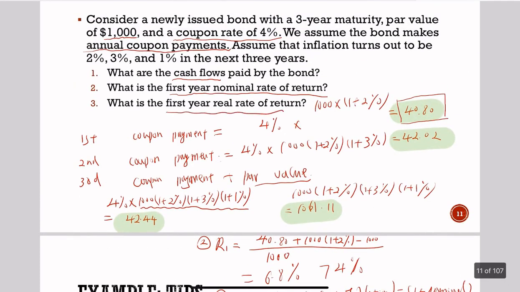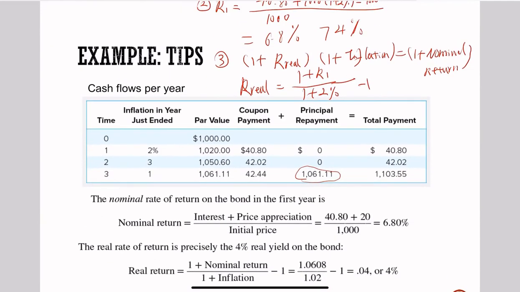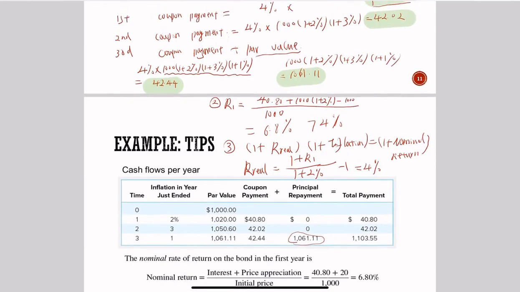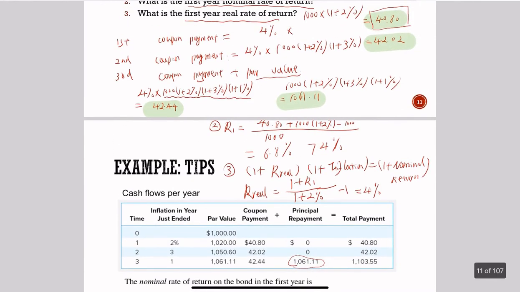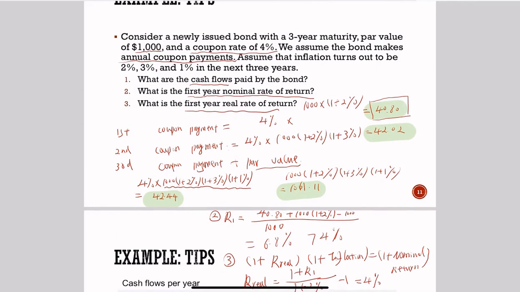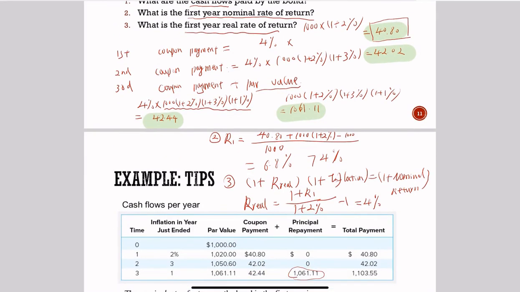So what is the first year's inflation? It's 2%, minus 1. And this basically gives us 4%. So this is interesting, right? It shows you that even though there was 2% inflation, and the nominal rate of return ended up higher than 4%, because of the design of this bond, which offsets inflation, in the end the real rate of return stays the same.